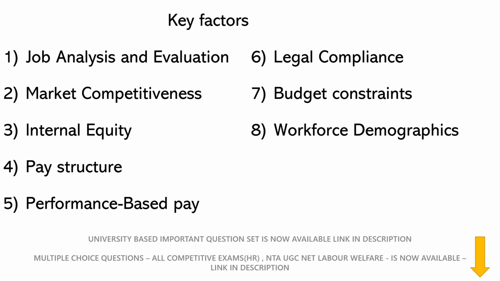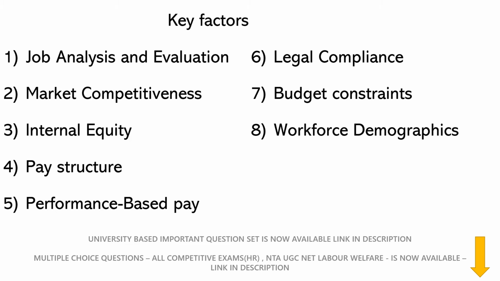Next one, budget constraints. When you are designing a compensation system, the main thing that you have to focus on is you should find out what is the budget allocation for salary compensation packages in your company.